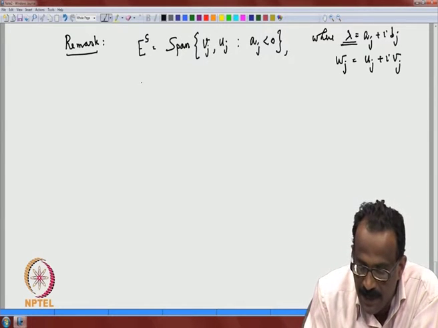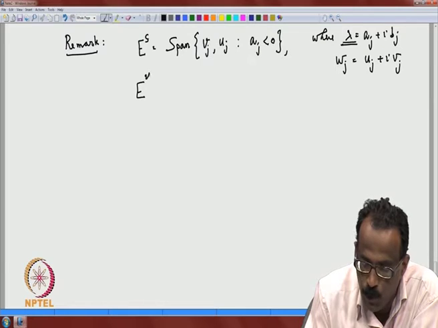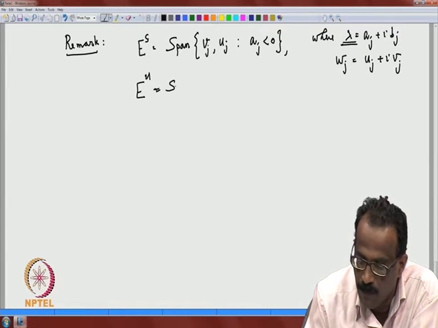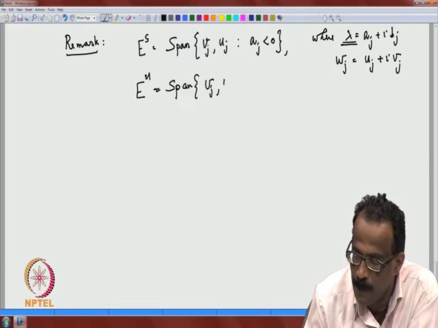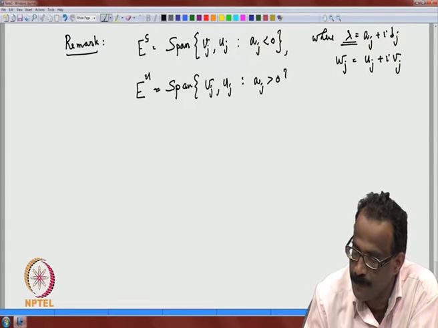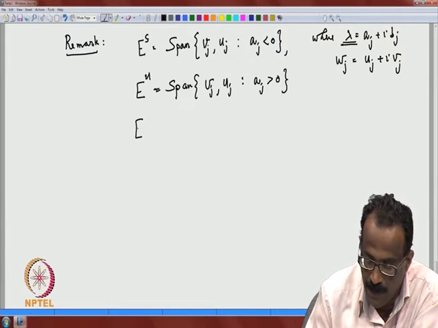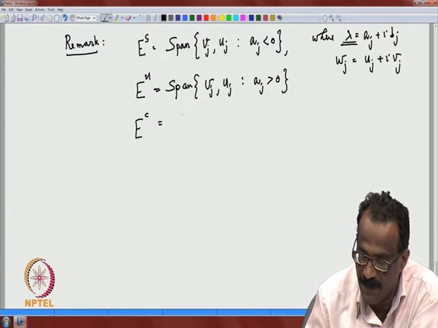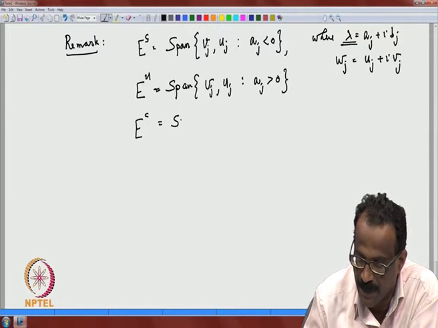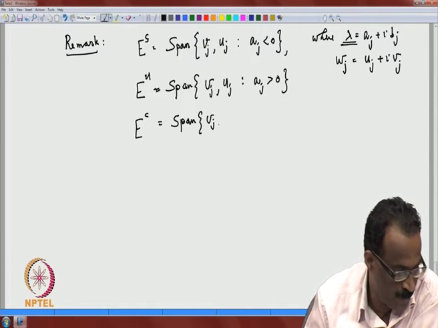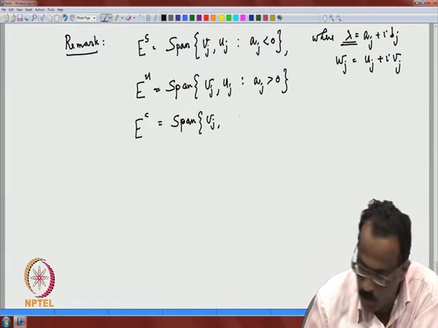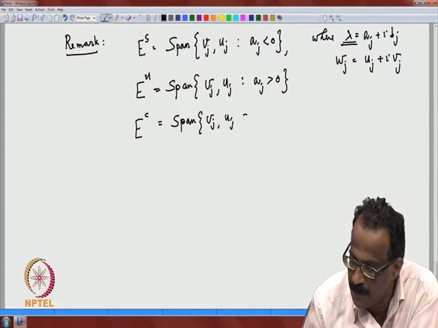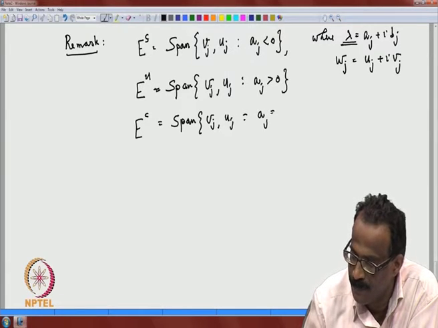Similarly, you have Eu, the span of Vj, Uj with Aj positive, and Ec, which we are not seeing an example of, maybe we will, the span of Vj, Uj with Aj equal to 0.